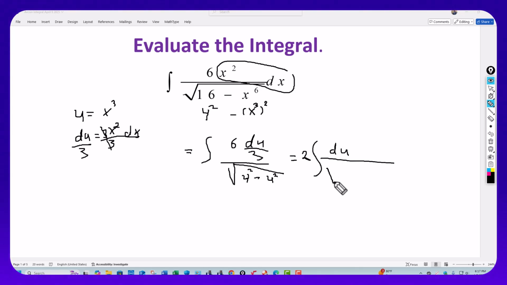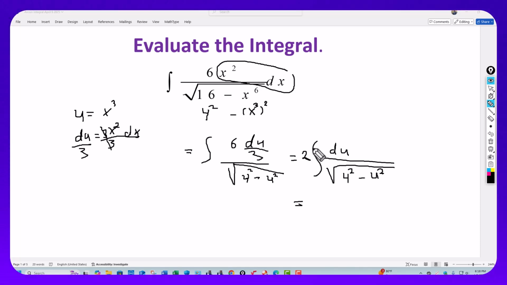And then this would be the square root of 4 squared minus u squared. So the formula was in this form now. It was du over the square root of a squared minus u squared. And of course the 2 is a constant out in front, it just comes out.